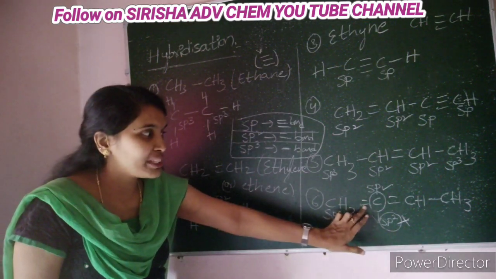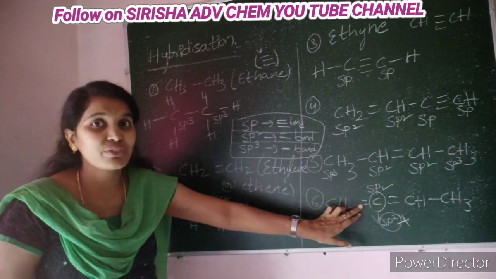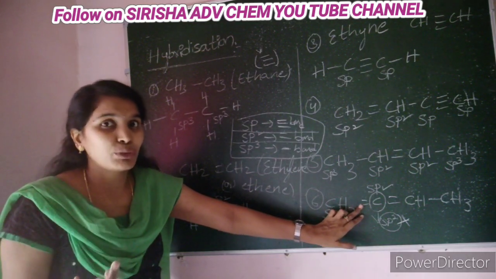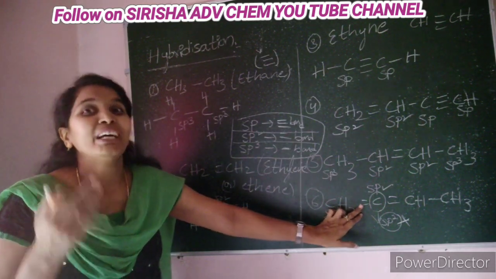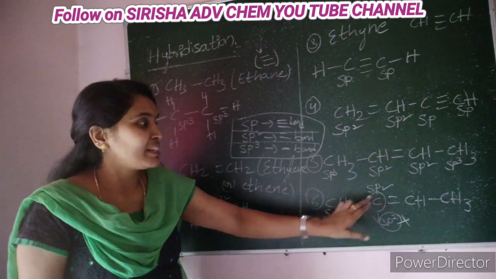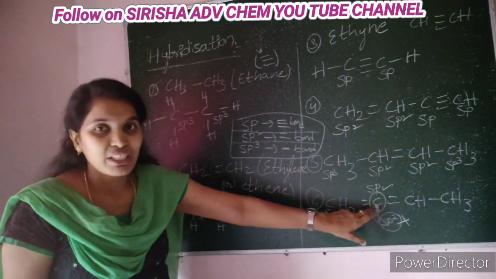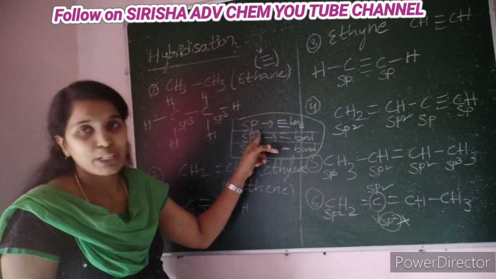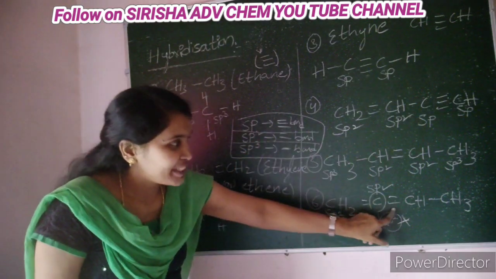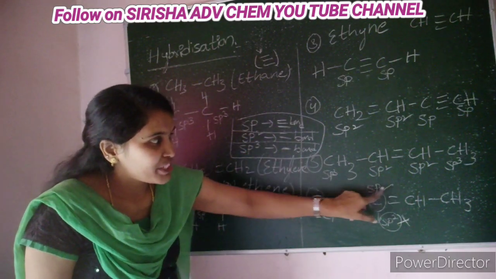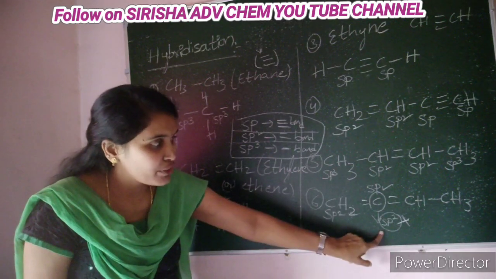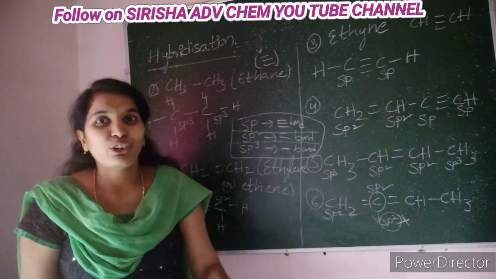We have to look here: both sides double bonds means 2 double bonds. Where will they be located? In a triple bond. So we are considering it as a triple bond. This carbon is having a triple bond, so we know sp hybridization. So I am writing sp hybridization here. That is correct. If you write sp2, it is wrong.